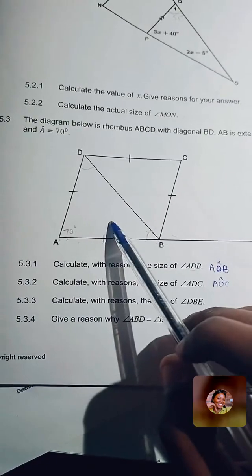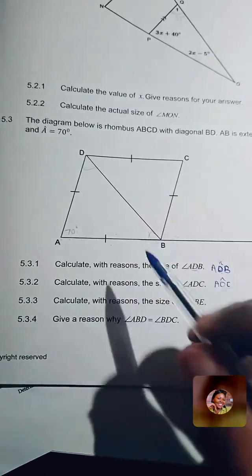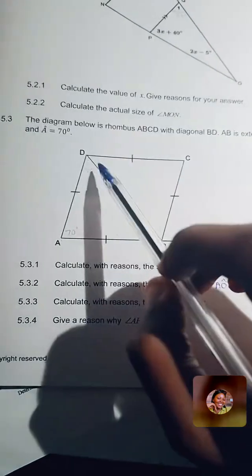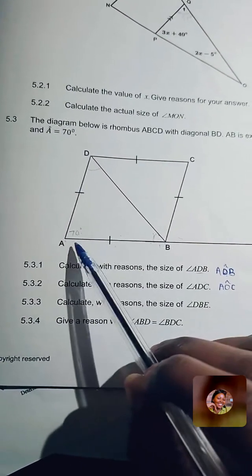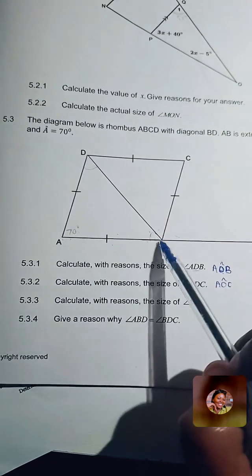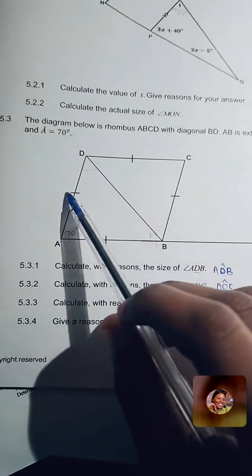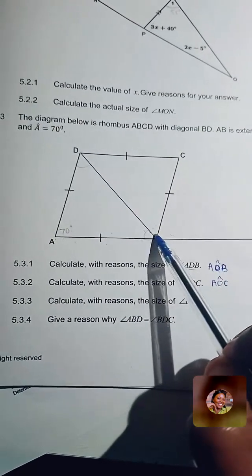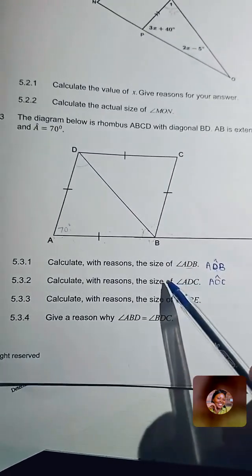Given that, we want angle ADB, this angle. So what can we first say? We can say angle ADB is equal to angle ABD, because these two angles will be equal. Why? Because these two sides are equal and opposite these angles.